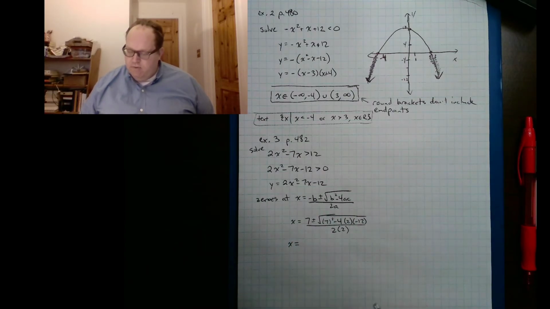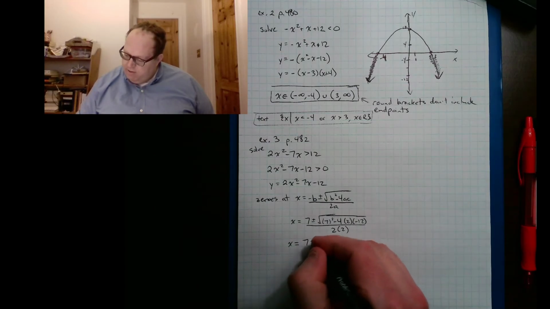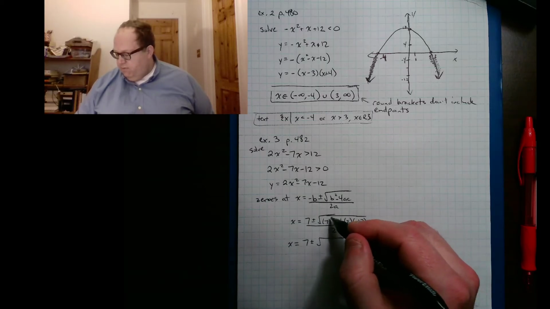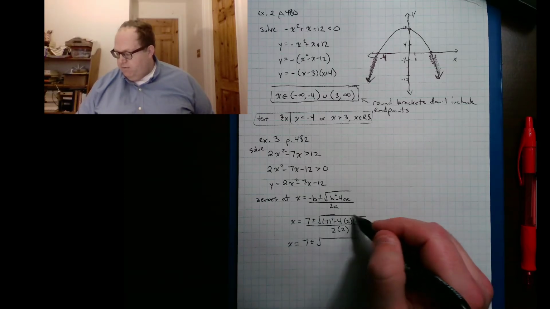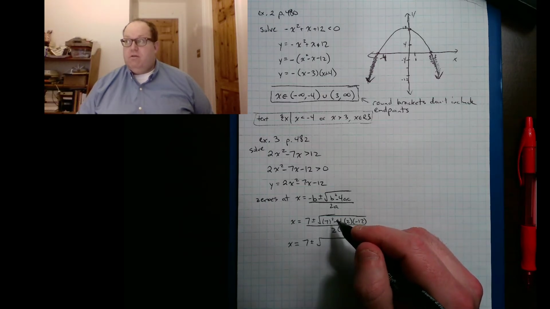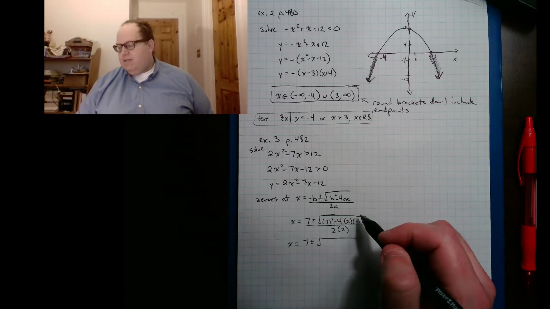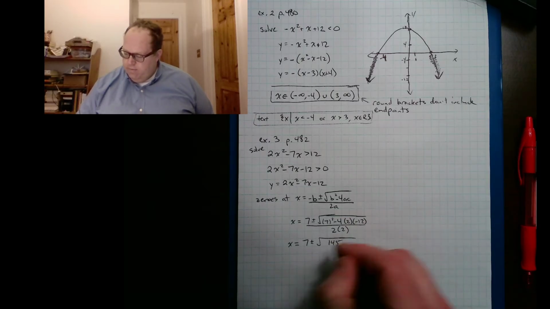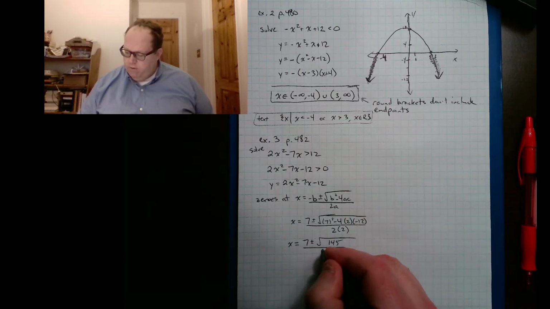Or if I simplify that a little bit, 7 plus or minus root 49, this is going to end up being positive 48, 2 of those are 96, 96 plus 49 would be 145, over 4.